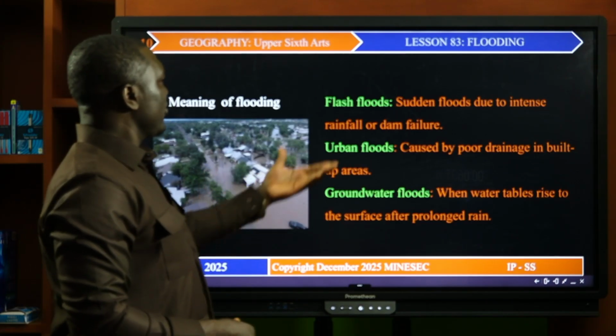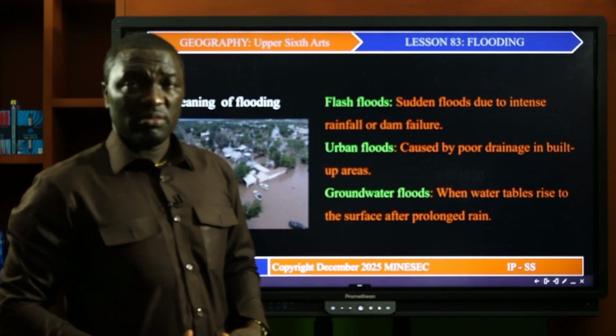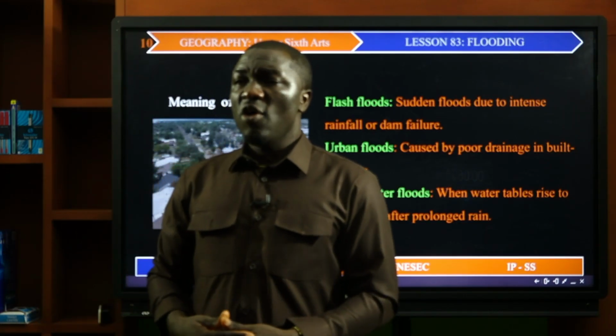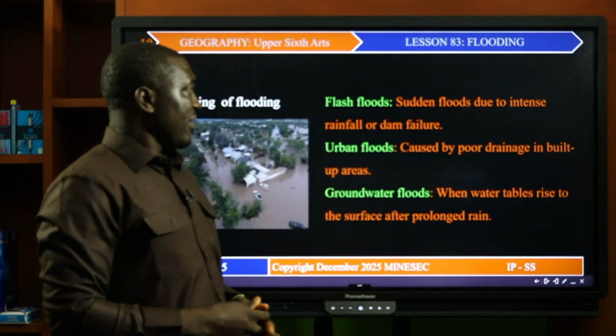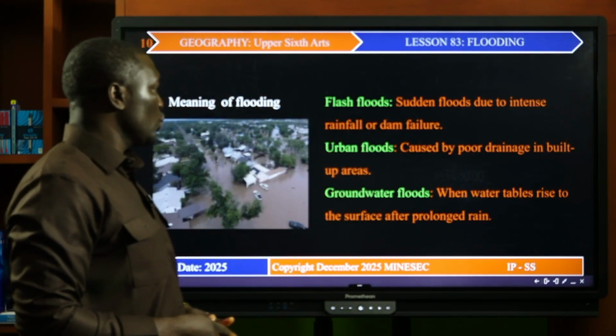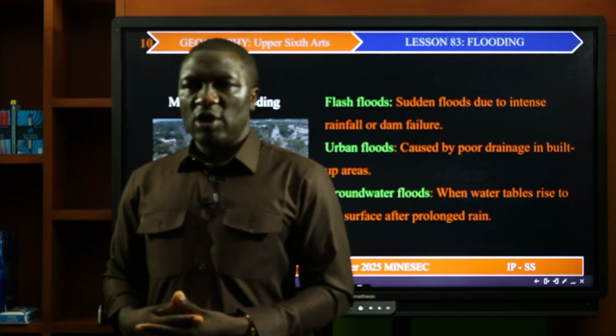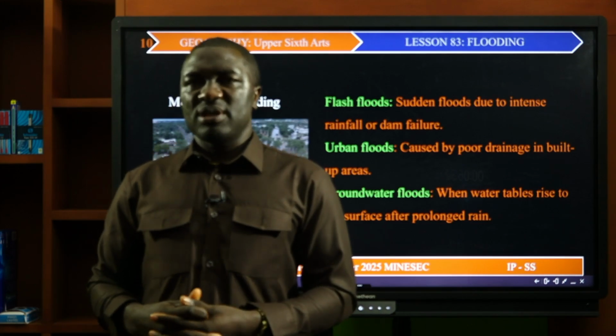We have flashy floods. Flashy flood occurs after a heavy rainfall, and can also be as a result of the collapse of dams.